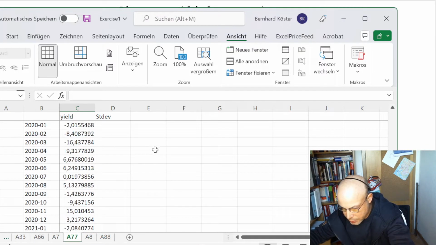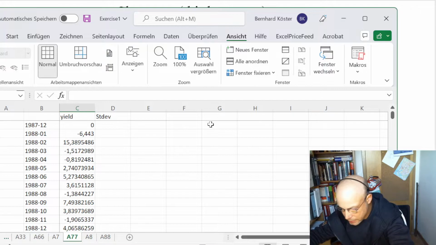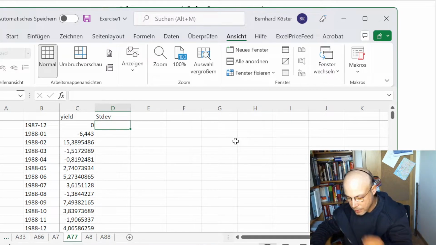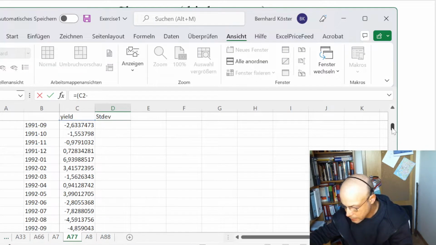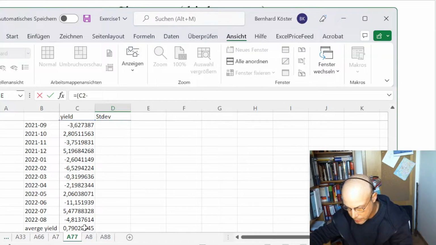And having the average yield, we just calculate the squared distance. So this minus the average yield, 0.8. This again we have to fix with our dollar signs, closing brackets, up to the power of 2.